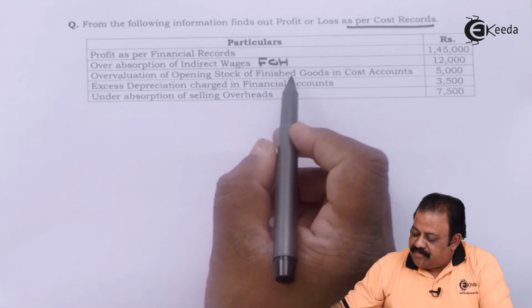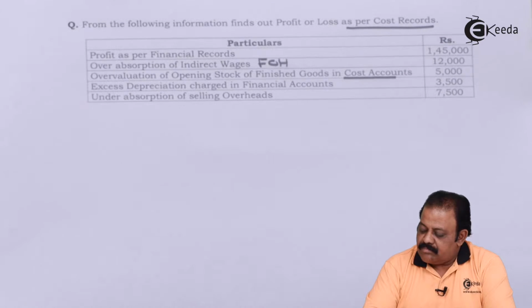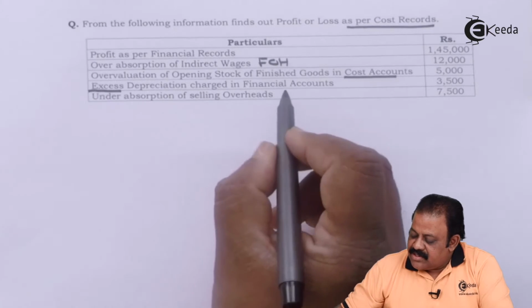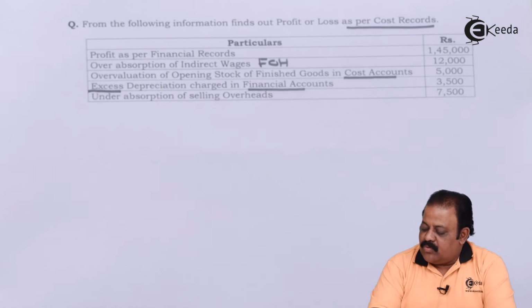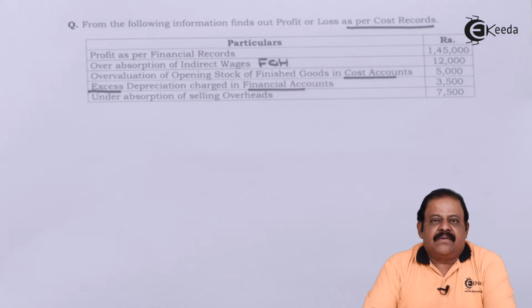Overvaluation of opening stock of finished goods in cost account, 5,000. Excess depreciation, excess charged in financial account. Under absorption of selling overheads in cost book, 7,500. This is the information we have.